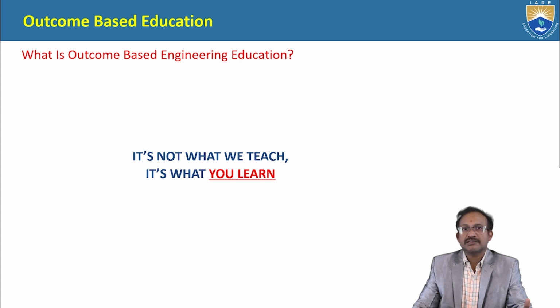Usually teachers teach the students community, and students have to learn and acquire the knowledge from the teachers. But usually we focus on what we are teaching. Here the concept of outcome based education is how far the students community have learned. That is an important element here.